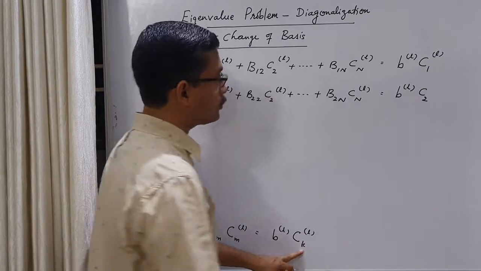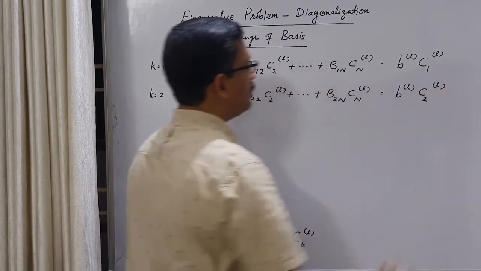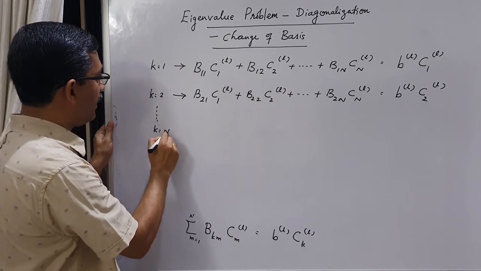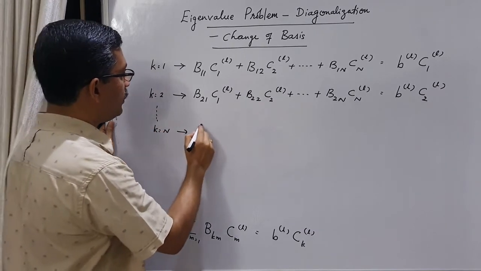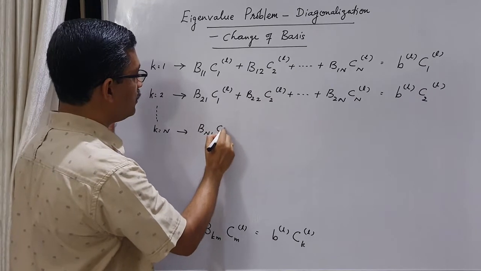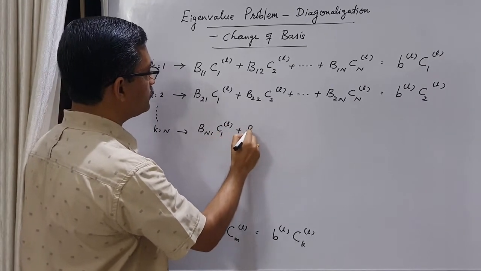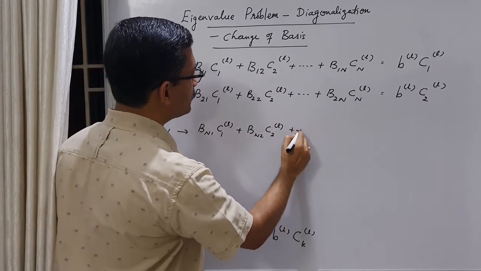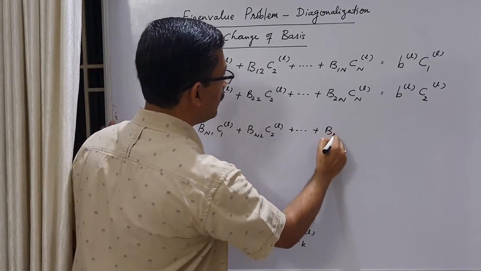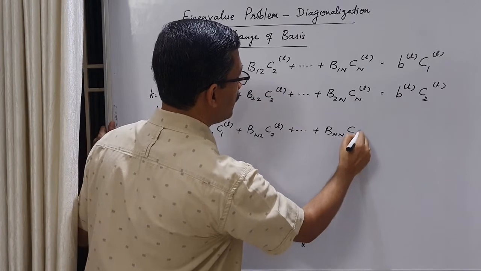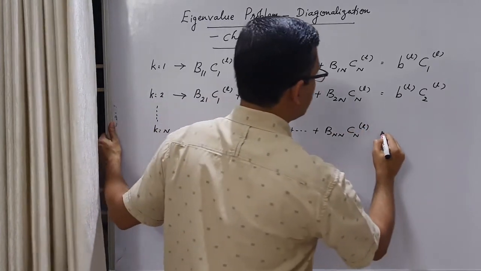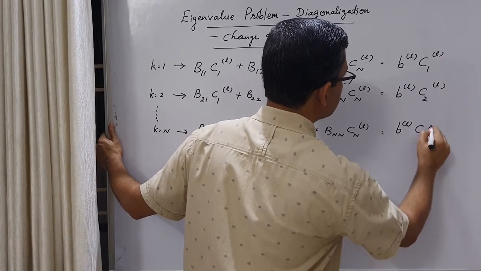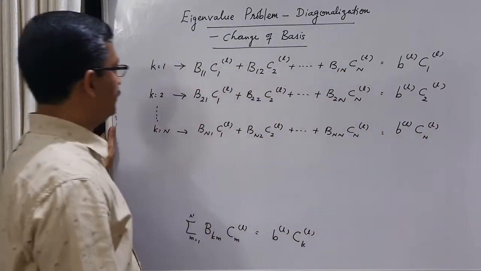Here put k equal to 2, right? So this will go on until k is equal to n. So for k equal to n, we have bn1 c1l plus bn2 c2l plus etc., bnn cnl equals bl, k is equal to n here, cnl.